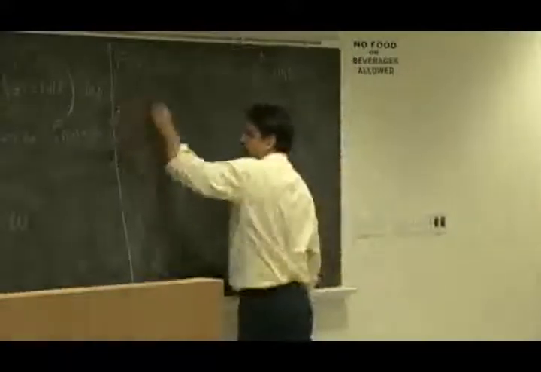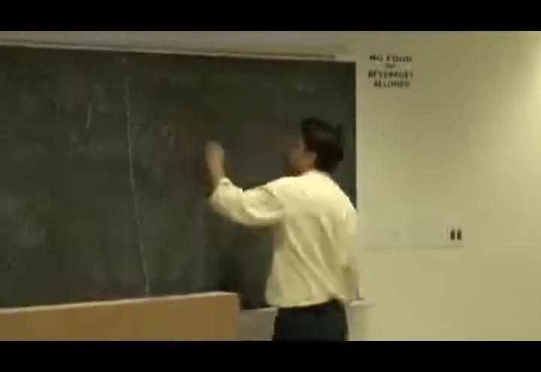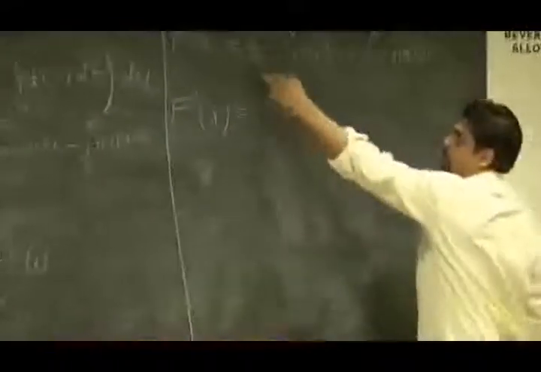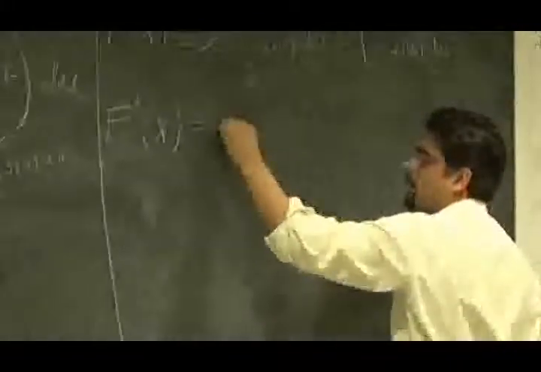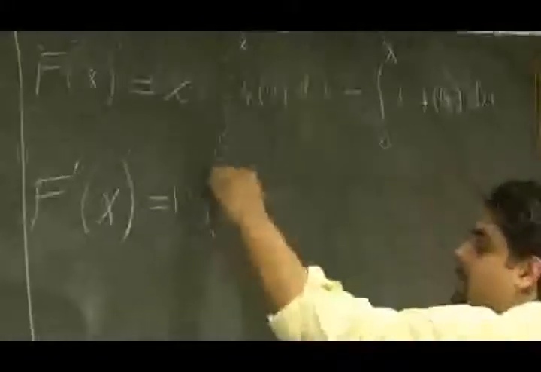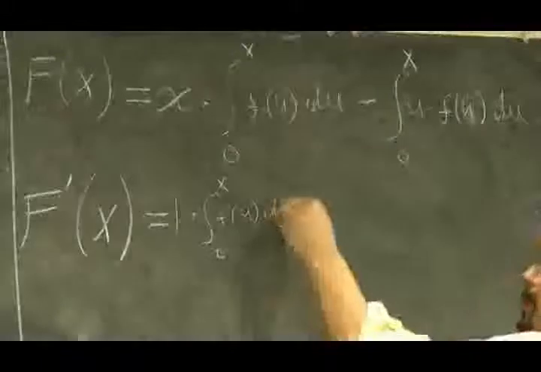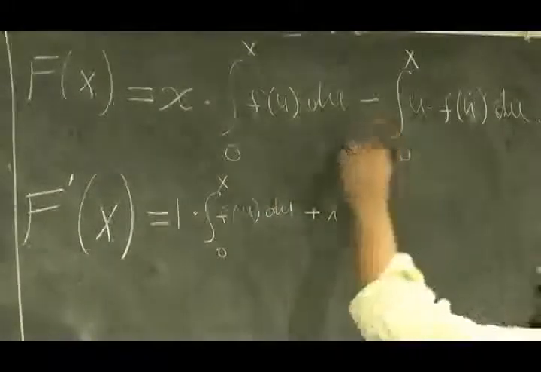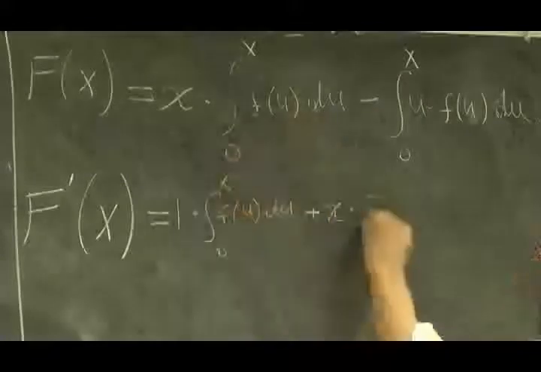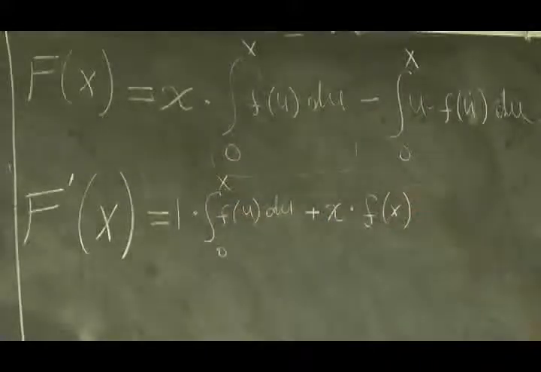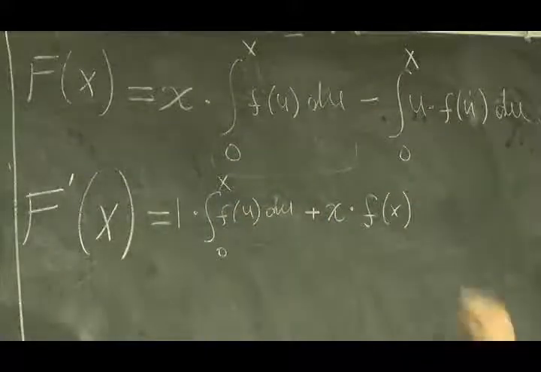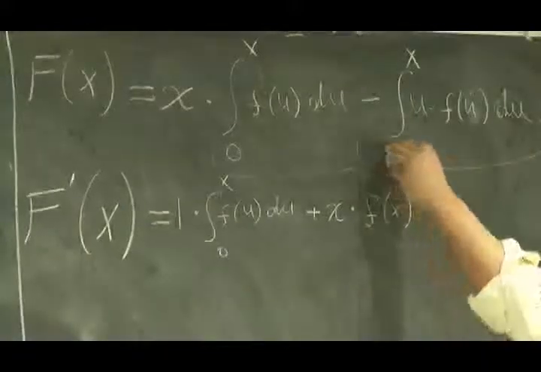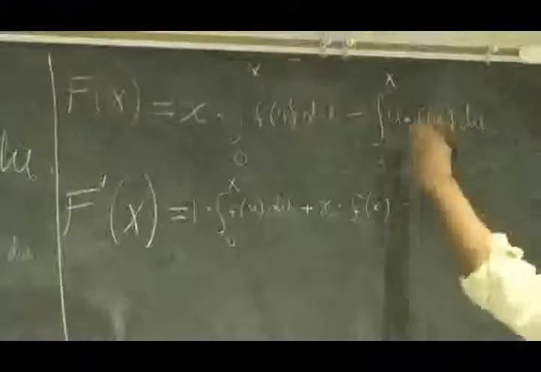So we're going to start by taking the derivative of big F, which has two pieces. This piece is a product rule, okay? So the derivative of the first times keeping the second unchanged, plus the first times the derivative of the second, which is just f of x. Yes? Okay. Minus. Now let's do the derivative of this. Okay? And you might think this is the product rule, but it's not.